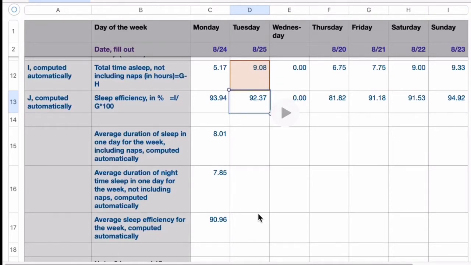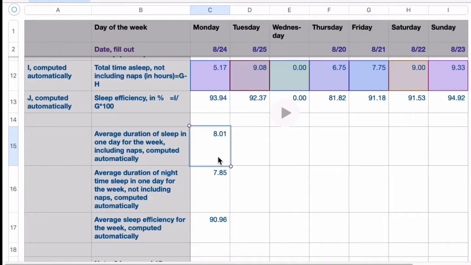If you do happen to alter them, then you may want to download the Excel file all over again from my website to make sure that these computations are done correctly. So again, my sleep efficiency on Tuesday, August 25th was 92.37%. It's not a big deal if your sleep efficiency was not as high. The whole purpose of this training is to improve it.